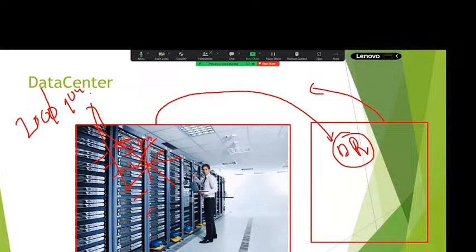Even though it collapsed, the US did not lose even a single record. Whatever debits and credits were handled by the US, they haven't lost that data. Why? Because they were already maintaining disaster recovery, another data center. Even though the World Trade Center was collapsed by terrorists, they haven't lost any data, only the physical damage of that building.